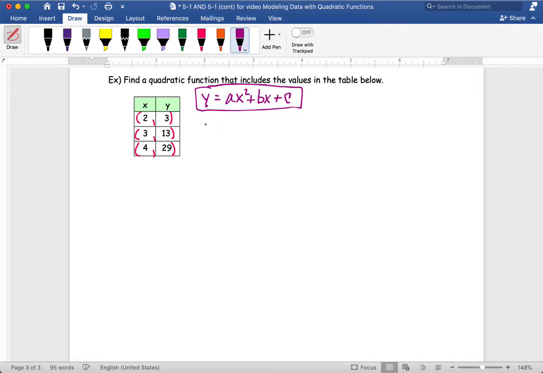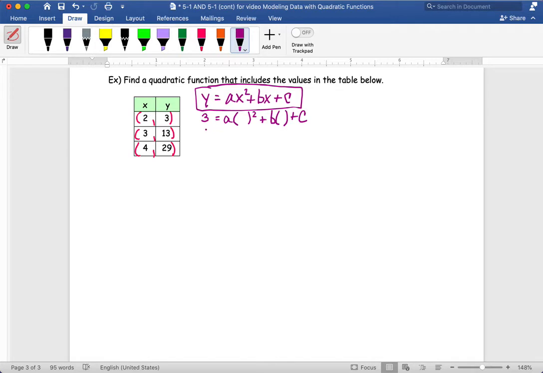Y is 3, x is 2. So we're going to replace the y with a 3 equals a. We don't know what a is. We're trying to find it. This is for x squared plus b. This is for x plus c.